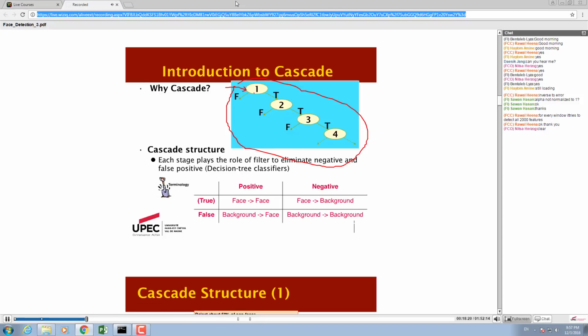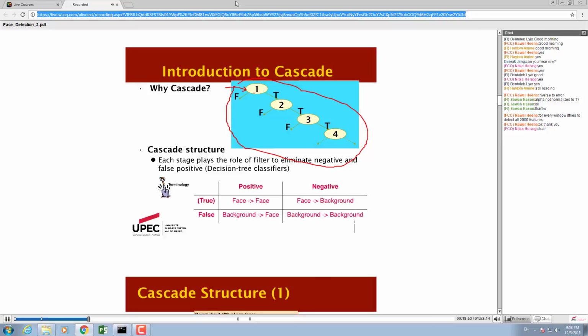By the way, every stage is composed of a partial set of the strong classifier. So instead of 2,000, for example, in stage 1, you can use just 10 of them. In stage 2, you can use the other 20 of them. In this way, every stage is a smaller subset of the strong classifier.